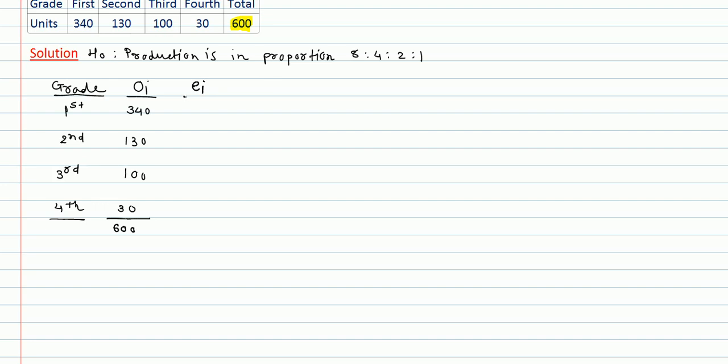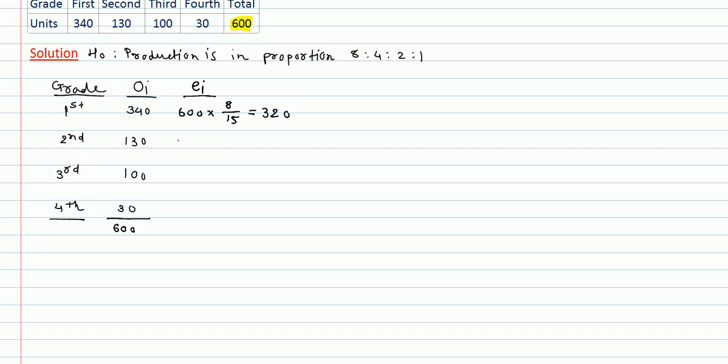See, there are a total of 600 units given and the proportion is given by 8 is to 4 is to 2 is to 1. So we can find the expected value for first grade in this way: total number of units 600 into proportion 8 upon 15, as the total is 15. Okay. So the expected value of first grade is 320.